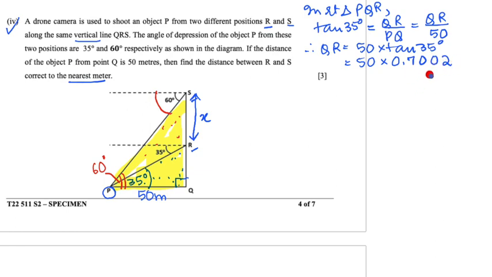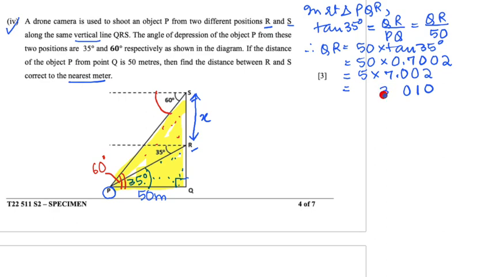You are allowed to use the logbook for this. So that will be equal to 5 multiplied by 7.002. So that gives us 35.01 meters. Okay, that is your QR. We have found out QR.